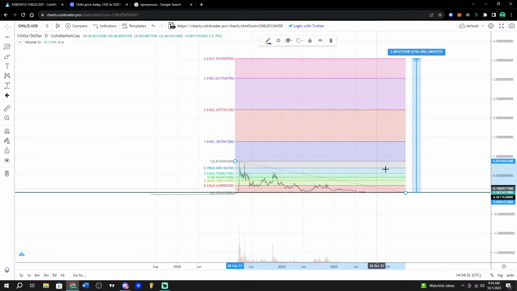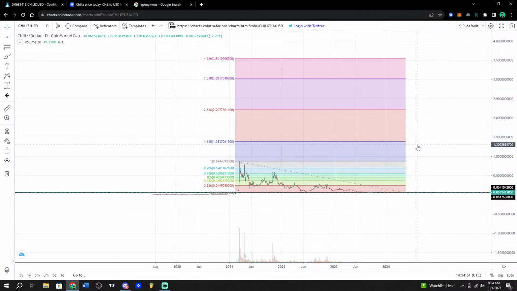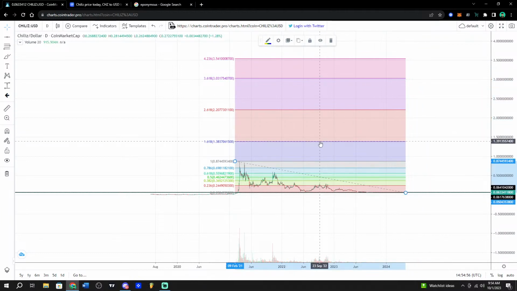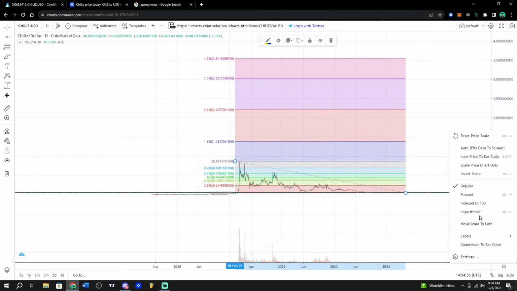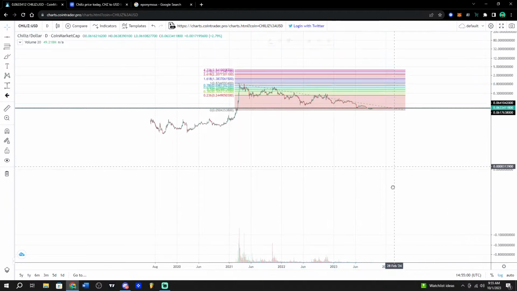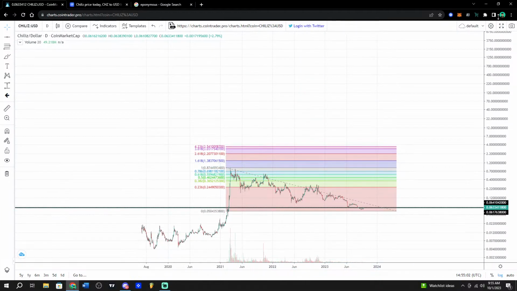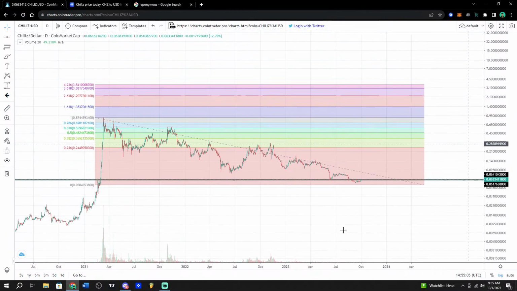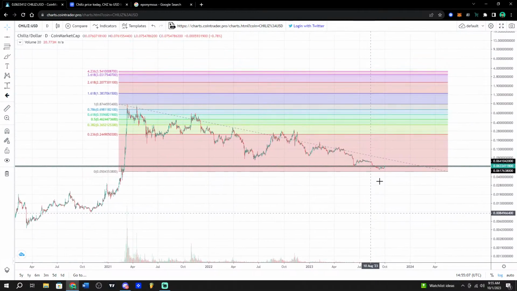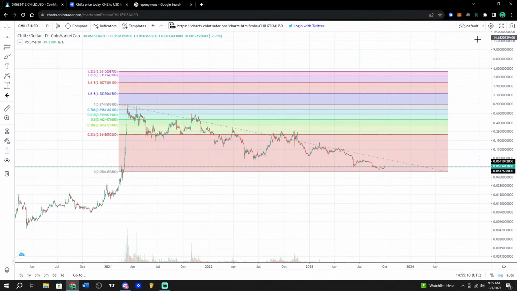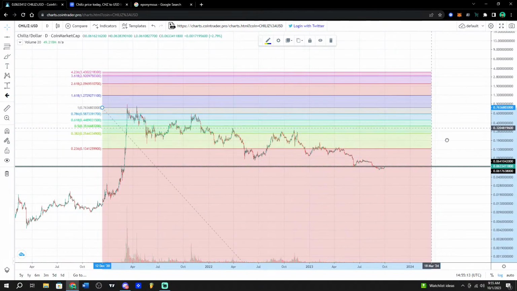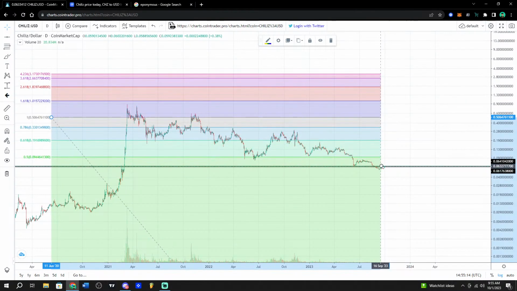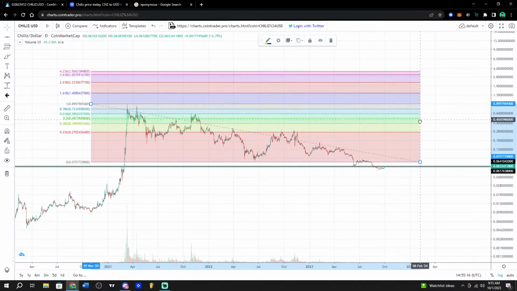Fibs based on log scale. Never do that. I'm not changing it because this is what it's supposed to be on. Sure. Let me go to log so this doesn't look as crazy. See, it doesn't look as crazy when you put it on log scale. Just looks like it needs a little run up.